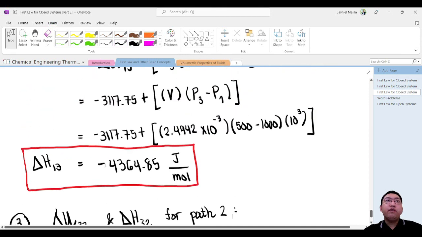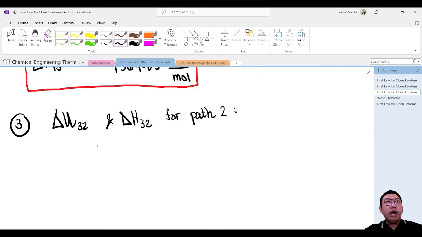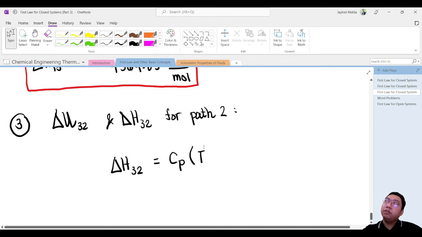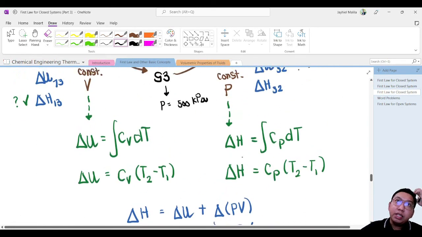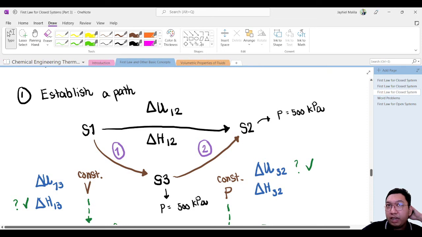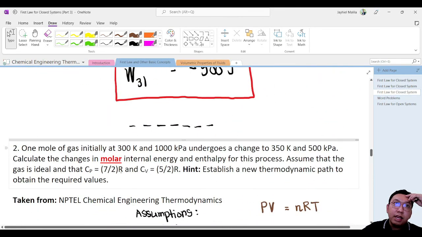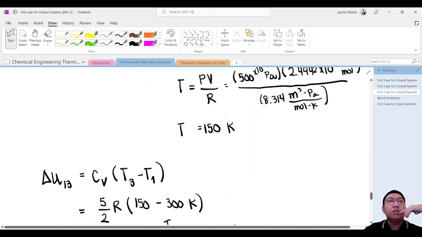Alright, so for this one, you have the mathematical relationship: delta H32 is equal to Cp times the difference T2 minus T3, because the final temperature is in state 2, so that's the T final, and the T initial is in state 3. The Cp value for the word problem is 7 over 2 R, so please take note of that.